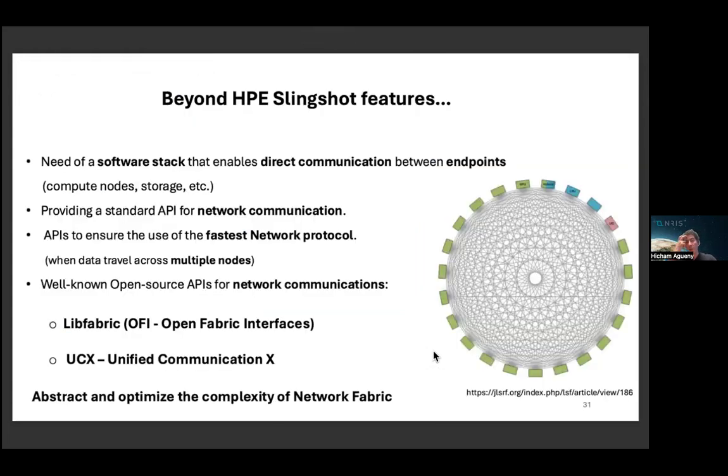Beyond these features, of course, there is a need for a software stack that will enable direct communication between different endpoints or different compute nodes by providing a standard API for network communication. The well-known network communication frameworks here are libfabric and Unified Communication X, UCX.